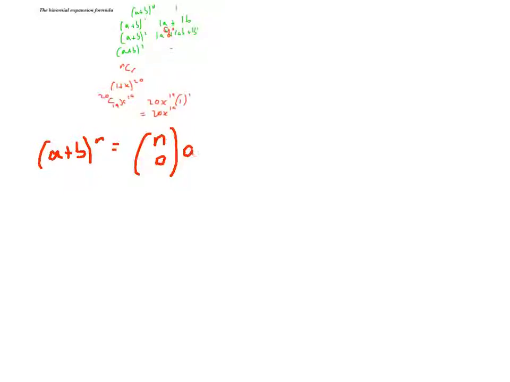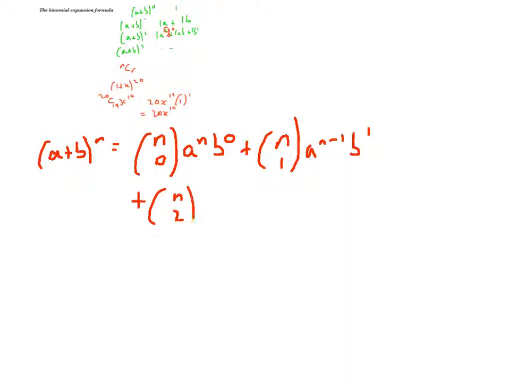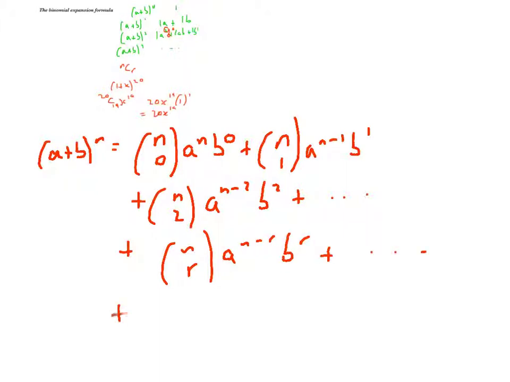N choose 0, a to the power of n, b to the power of 0, plus n choose 1, a to the power of n minus 1, b to the power of 1, plus n choose 2, a to the power of n minus 2, b squared, plus dot dot dot, plus n choose r, whatever r we're looking for, a to the n minus r, b to the r, plus dot dot dot, plus finally n choose n, a to the n minus n, which of course is 0, b to the power of n.